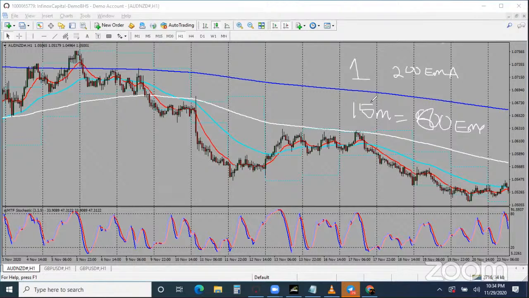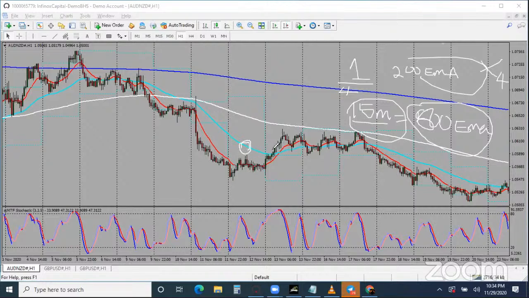You see, to move from 1 hour to 15 minutes, you need to divide by 4 to get this. So what do you do to this? You multiply by 4, then you get this equation balanced. So my 50 on 1 hour is 200 in 15 minutes.